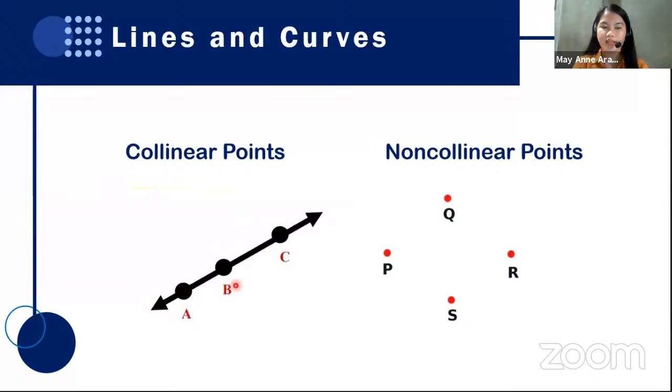So we have point A, point B, and point C. Since they lie on the same line, they are collinear points. And when we say non-collinear, you can see here that they do not lie on the same line. So we have point P, point Q, point R, and point S. They are non-collinear points.